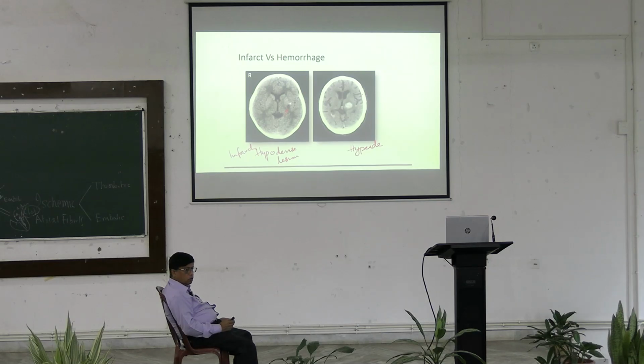You should do a CT scan at least, just to exclude hemorrhage, because the hypodense infarct image may take some time to come up, but hemorrhage usually shows up instantly. So, you should exclude hemorrhage before embarking on giving thrombolytic drugs.